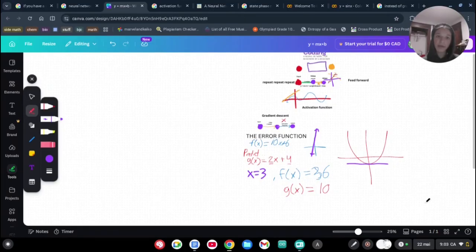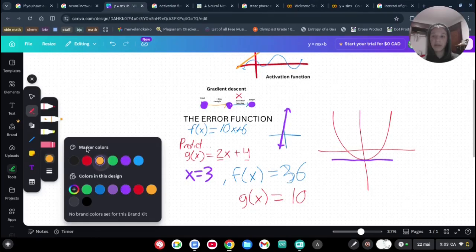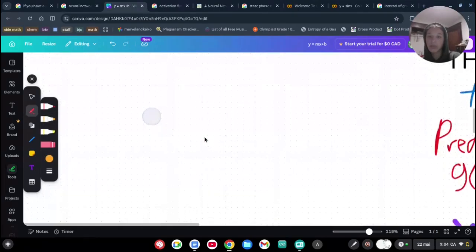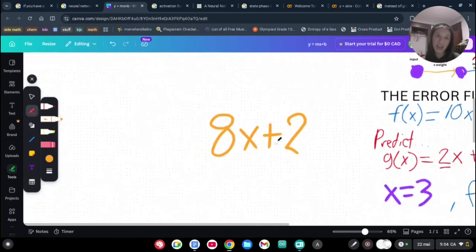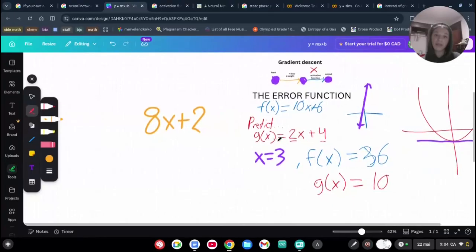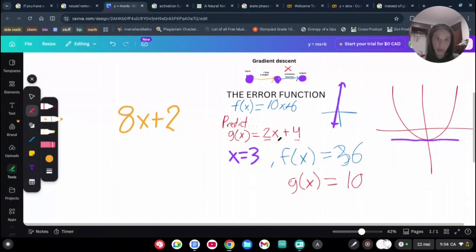I mean, what if our error function is literally just f of x minus g of x, right? So what if then our error is just, you know, how wrong it is. We already said it's 8x plus 2. Except, what is this doing here? X is my, hold up, brain cells are slowing for a minute.